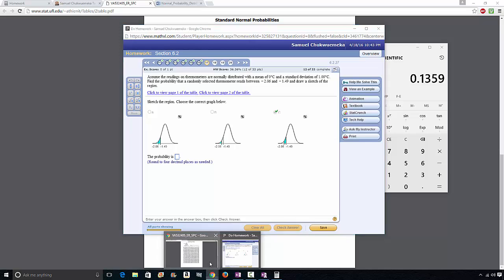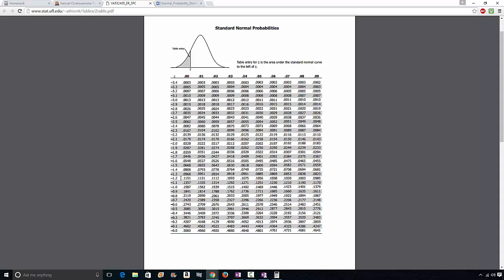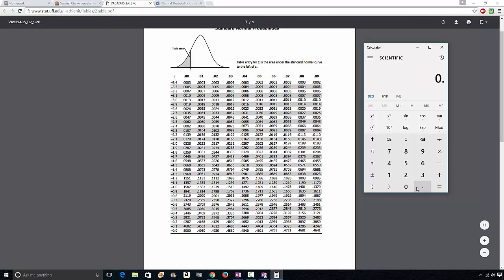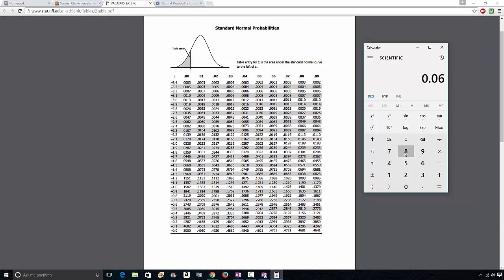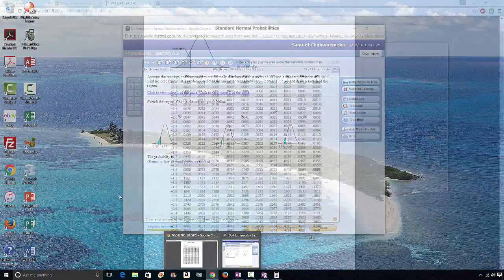So negative 1.49 here, negative 1.4 under 0.09, and that gives us 0.0681. 0.0681 minus, we look for negative 2.06.